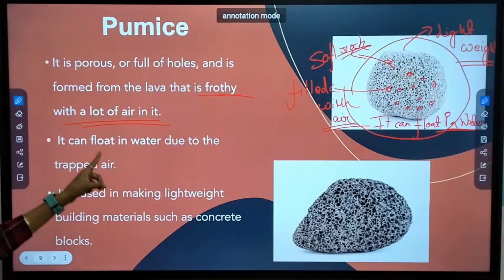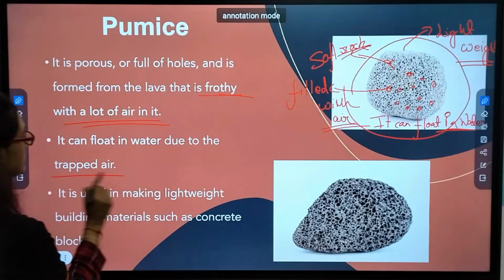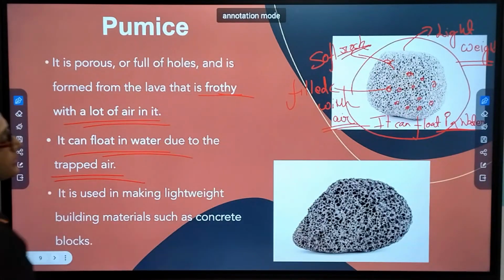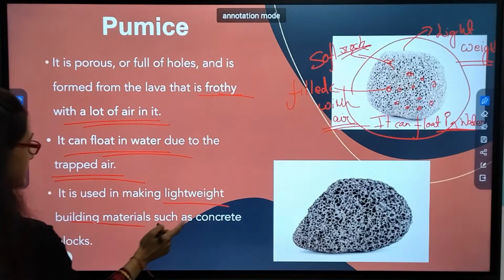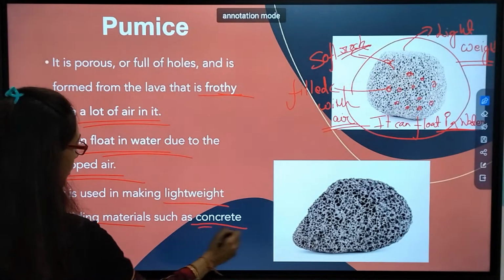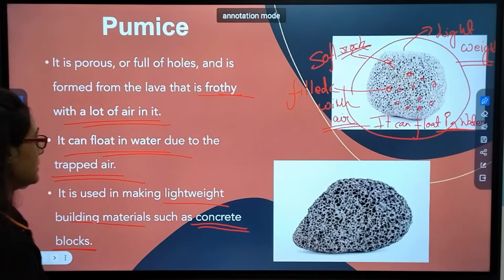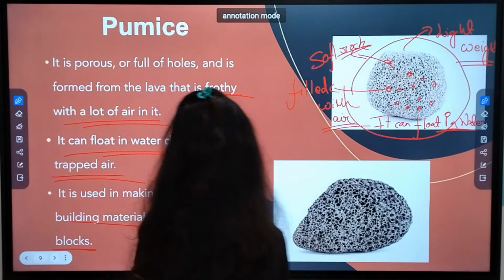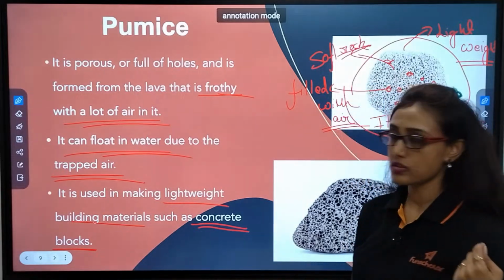See, it can float in water due to the trapped air. That is why it is used in making lightweight building materials such as concrete blocks.